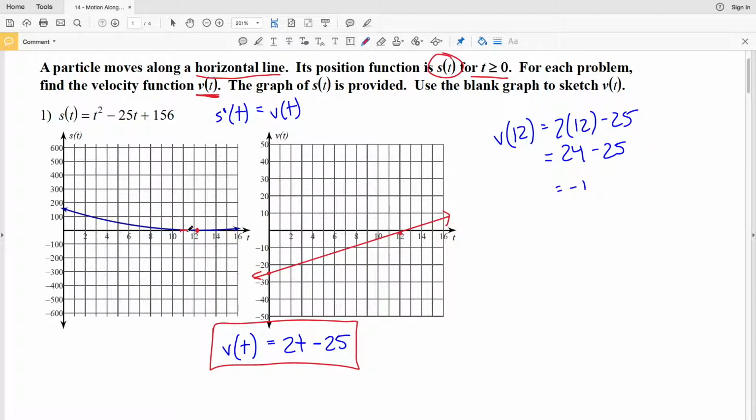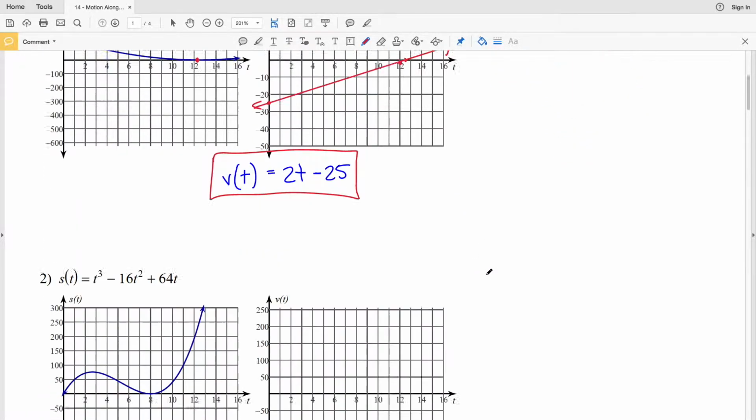It's decreasing until that point, so our derivative is negative up until that point, and then once it hits that point, it crosses the x-axis, therefore the derivative is 0, and then it begins to increase. So then the derivative is positive. Let's move on to number 2.